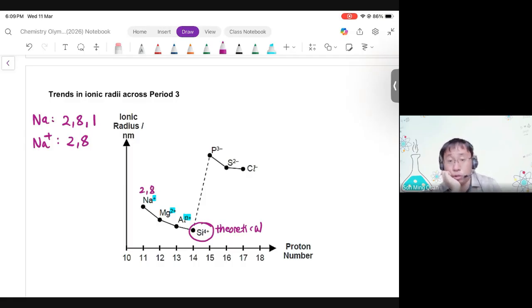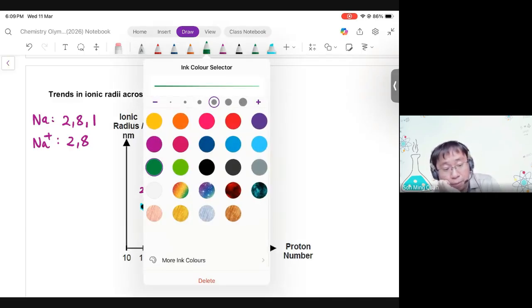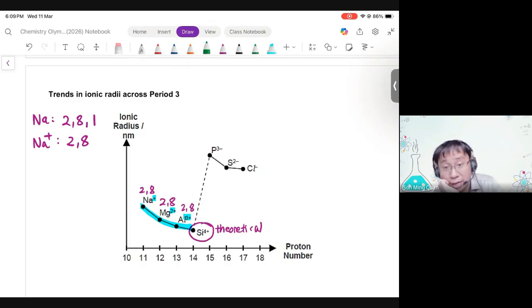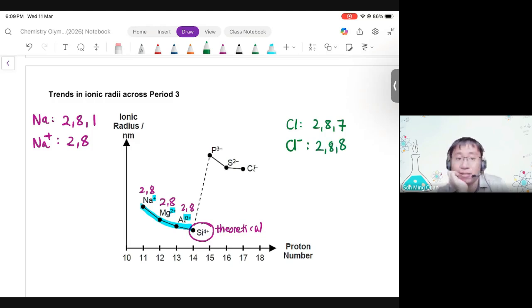Now I'm sure you know by now, Mg2 plus is also 28. Al3 plus is also 28. Okay. But the question is Cl minus also 28? Cl is 287. So Cl minus is 288 because it gains electrons, right?